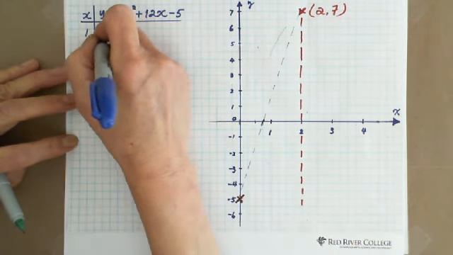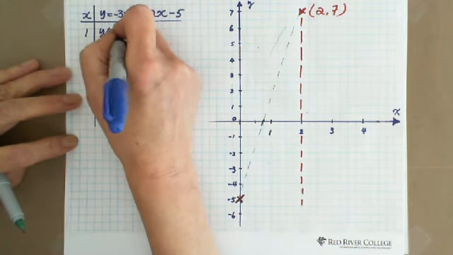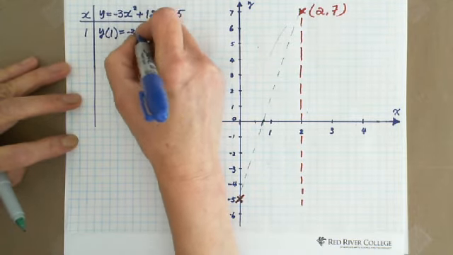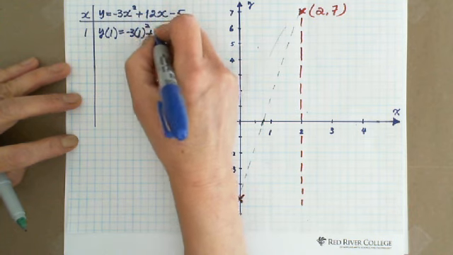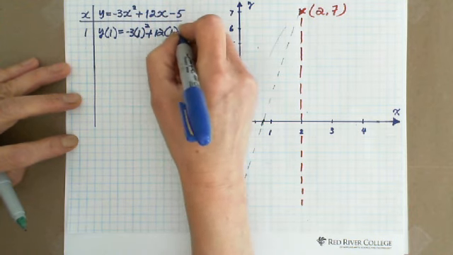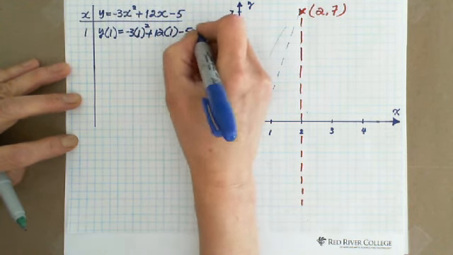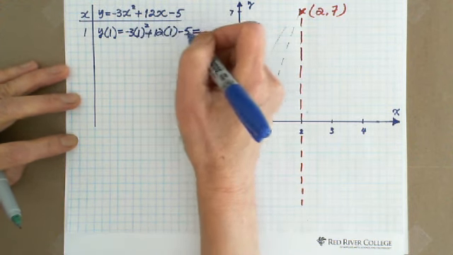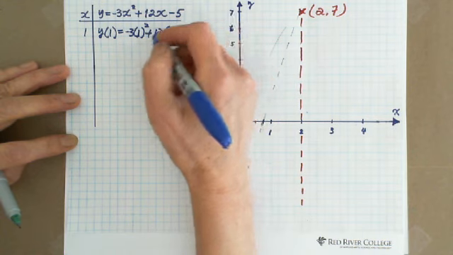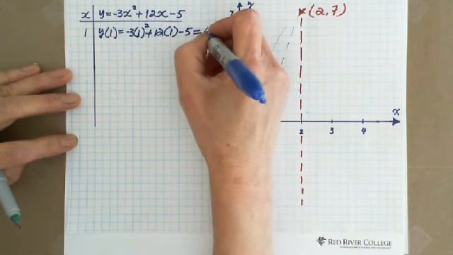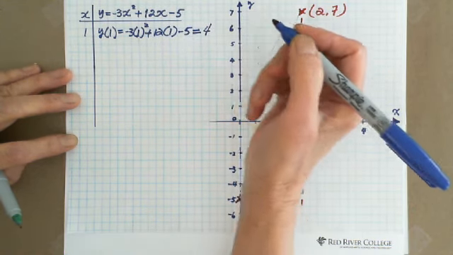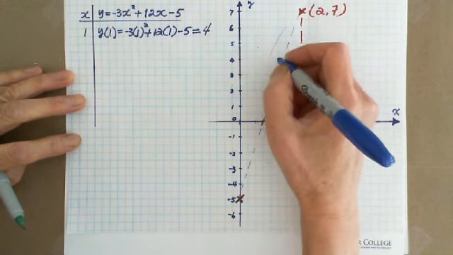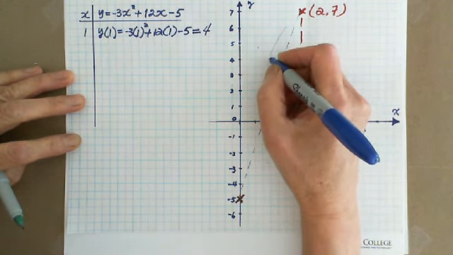The y value when x equal 1 gives us -3 times 1 squared plus 12 times 1 minus 5. The answer: -3 times 1 is -3, minus 5 is -8, plus 12 is 4. So x equal 1, y equal 4 here. This point.